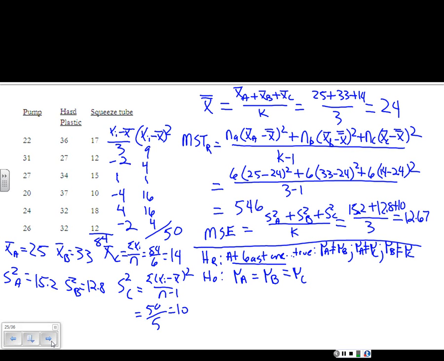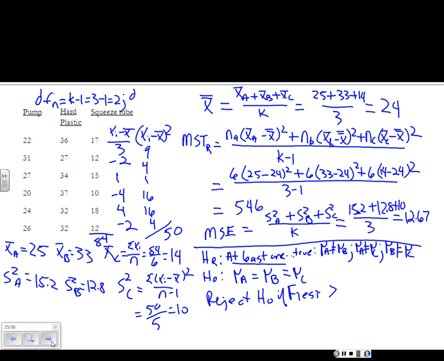So we're going to reject H0 if the F test is greater than some value, like the chi-square, always one tail upper. So we'll need some degrees of freedom for this. I'm going to put those over here. The degrees of freedom for the numerator is equal to k minus 1. 3 minus 1 is 2.